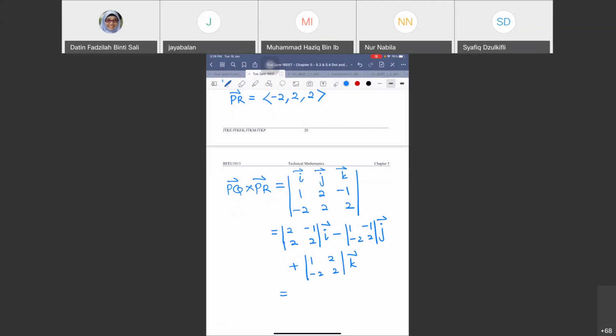The last step I showed you, where I put 2 times 2 minus this part, is optional, because you have a calculator.